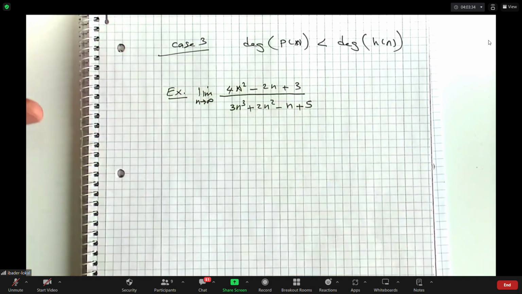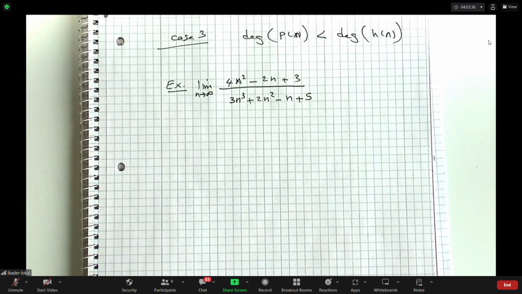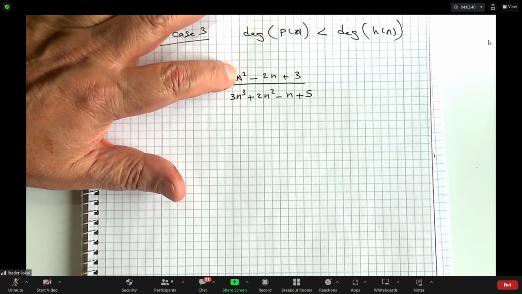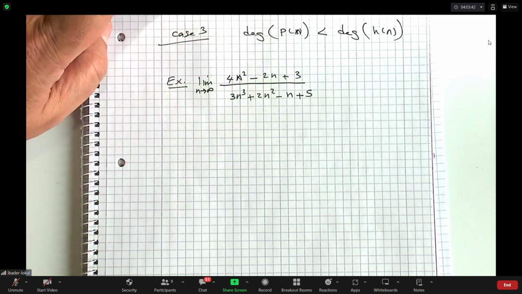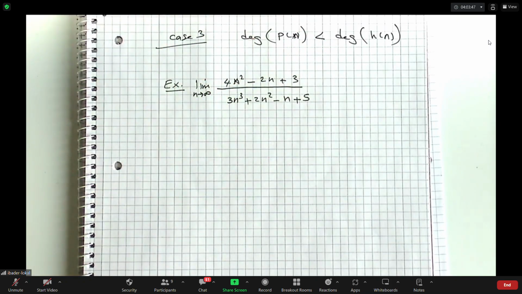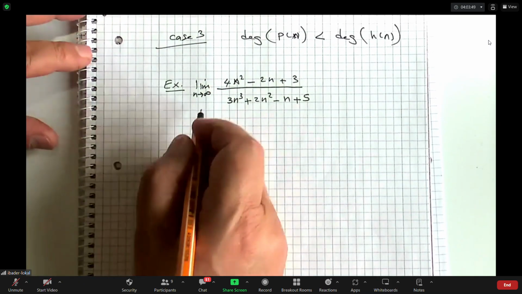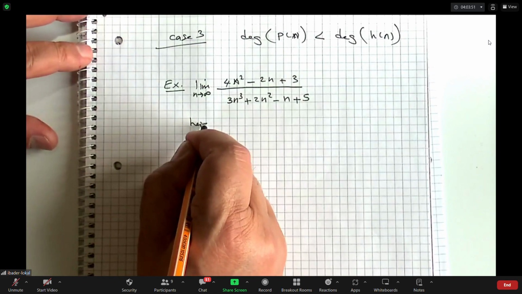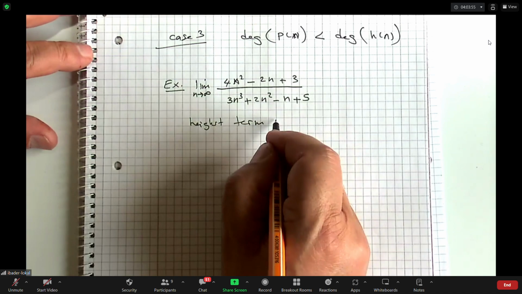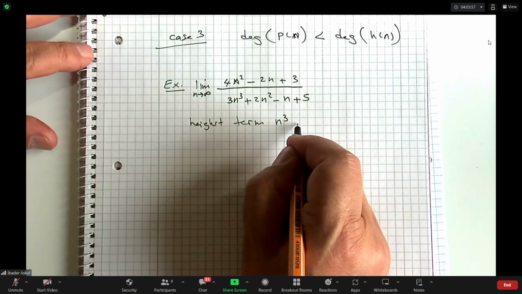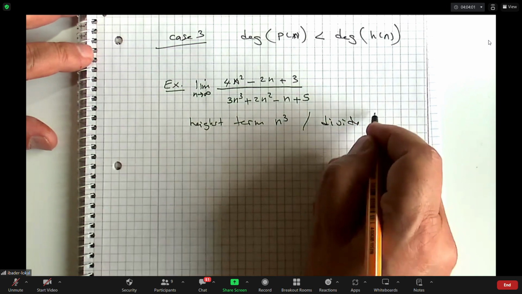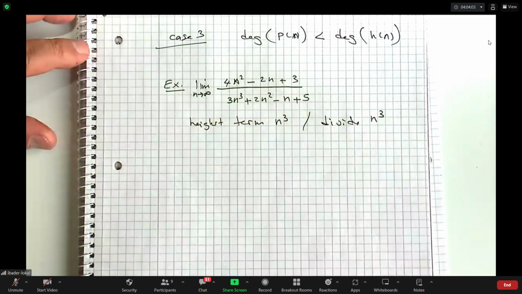Okay? Obviously, the degree of the numerator is 2, the degree of the denominator is greater, it is 3. Again here, the highest term of both is n cubed. So divide everything by n cubed.